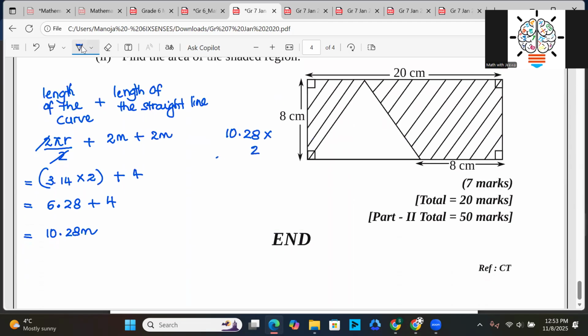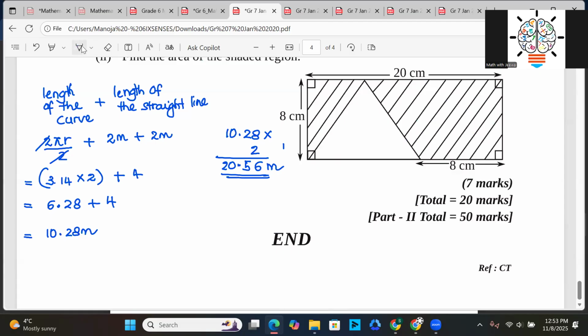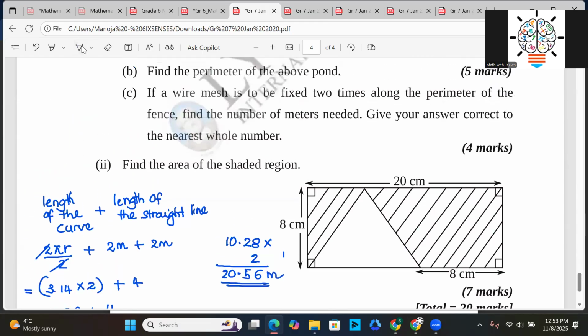What will be the answer here? 2 times 8, 16, 2 times 2, 4 plus 1, 5, and here 20.56, right? So when you go 2 rounds around the pond to have the fence or to have a wire mesh, it is 20.56.